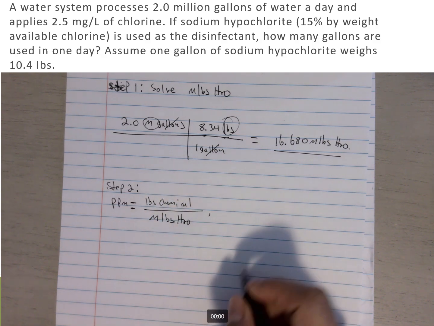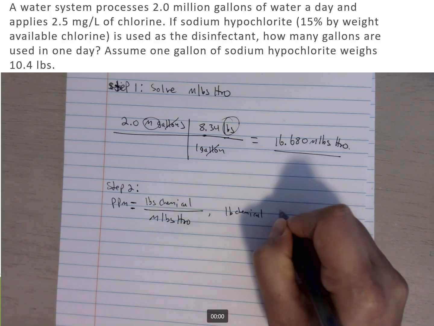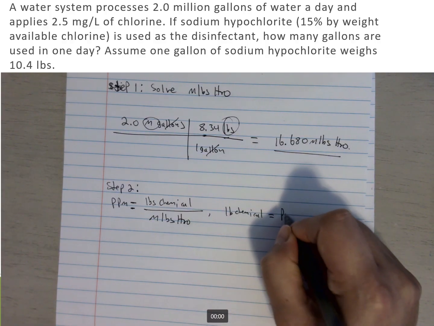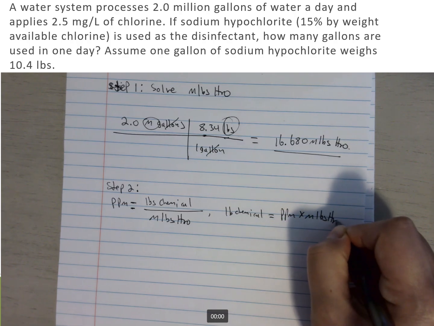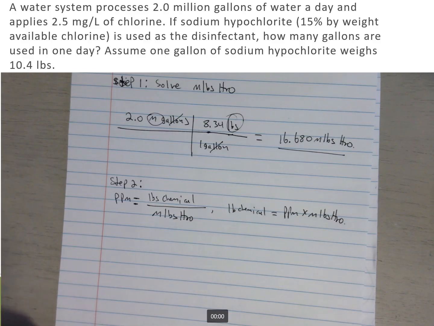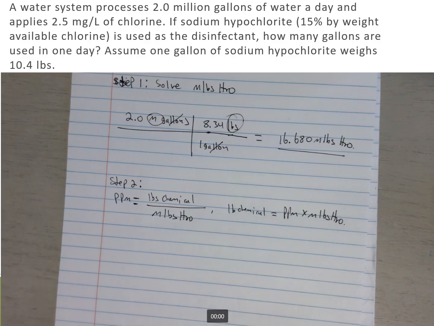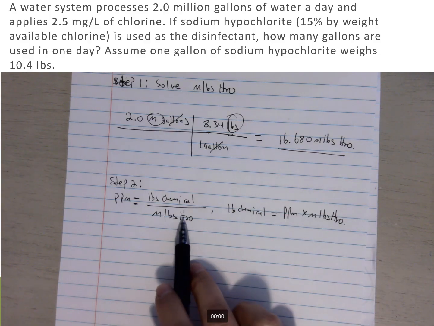It can be written like this, can also be written pounds of chemical is equal to the part per million multiplied by our 1,000,000 pounds of water, right? So in the problem statement, we're given the 2 million gallons of water, right? Which we converted to 1,000,000 pounds. So we have our 1,000,000 pounds of water.